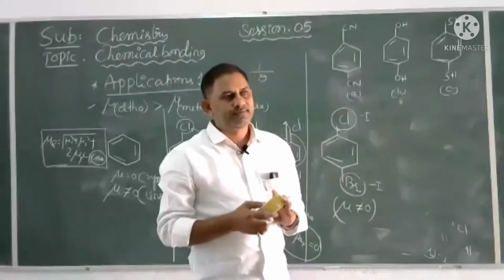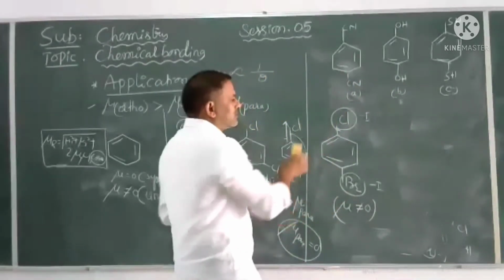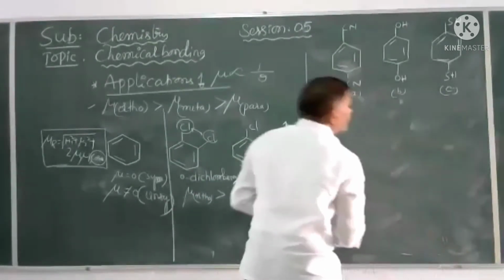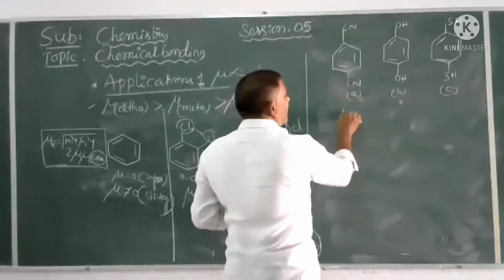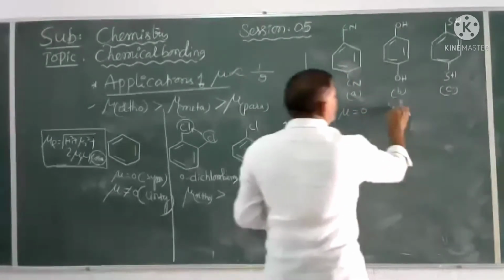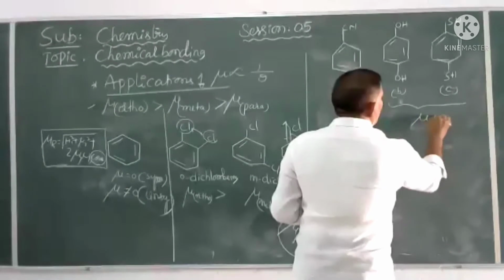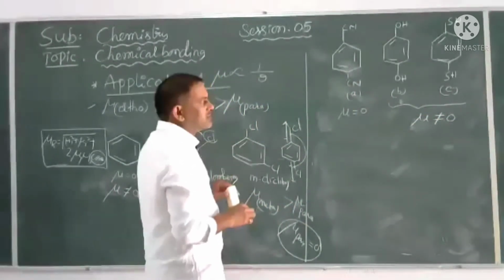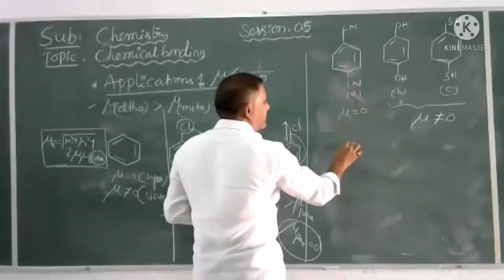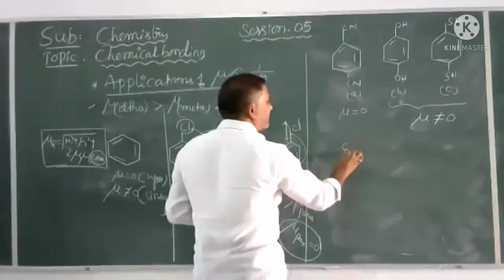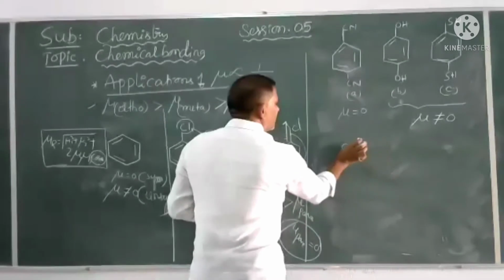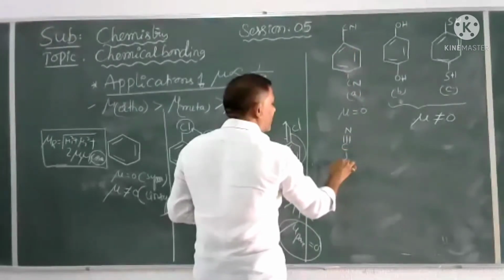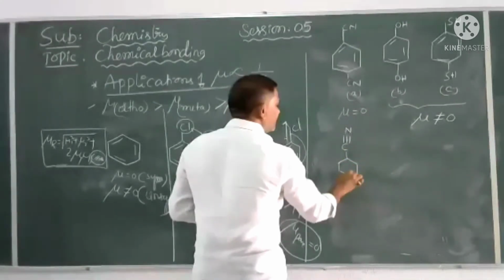Options were created as A only, B only, C only, or BC only, AB only, like that. So based on these three examples, here the dipole moment mu is equal to 0, but these two cases are not equal to 0. Because we can observe here these groups, the C triple bond N, CN, which is bonded with the benzene ring.